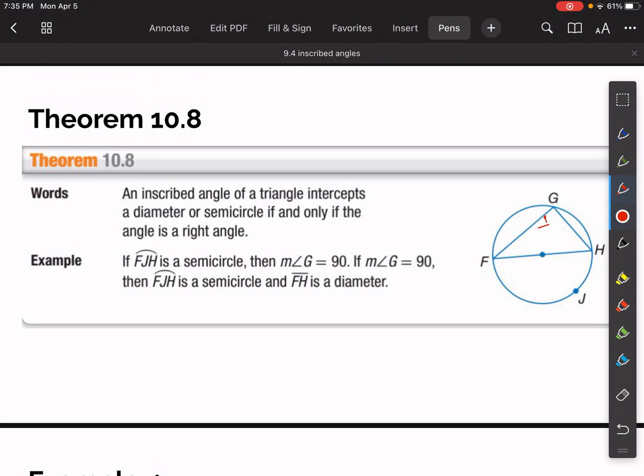So if FH is a semicircle, which is 180 degrees, then this has to be 90. It's the same exact theorem, just a specific case in which we have a semicircle now.